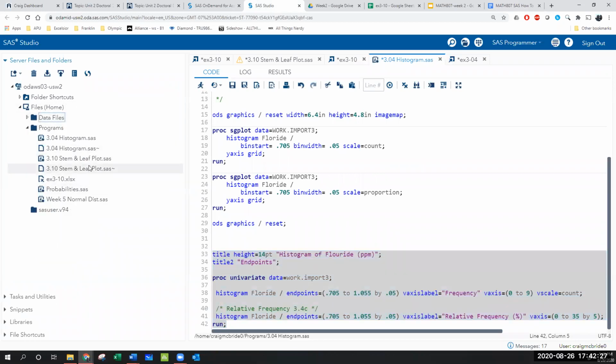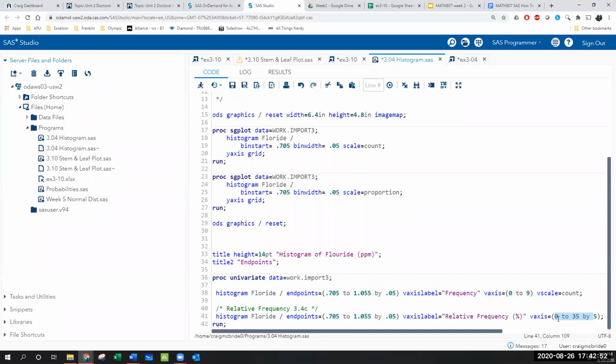If you do have to go back and make a stem and leaf plot or a good looking histogram, you now have this program file here, and all you have to do is change your data source, right? Change your variable name, go in and change your start and end points, and basically change your scales depending on the scale of your data, right?